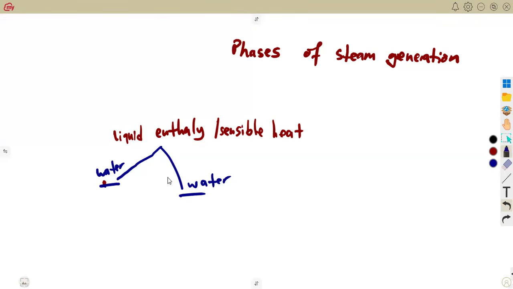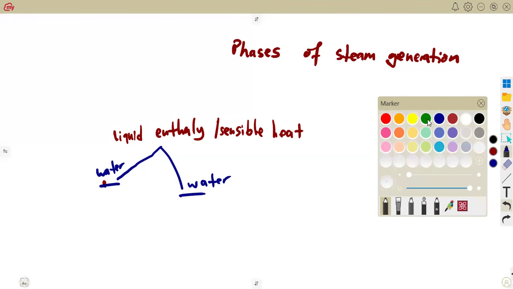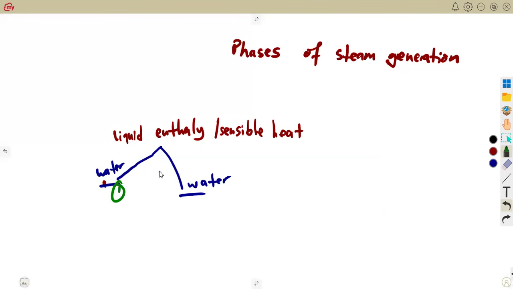The only thing that is going to change here are the enthalpies. Let's say this is our stage one and this is our stage two. The stage one enthalpy, H1, is the HF. HF represents the liquid enthalpy, which you just take from your steam tables, given a certain temperature. It's the same thing at stage two: the enthalpy H2 is the same as HF.